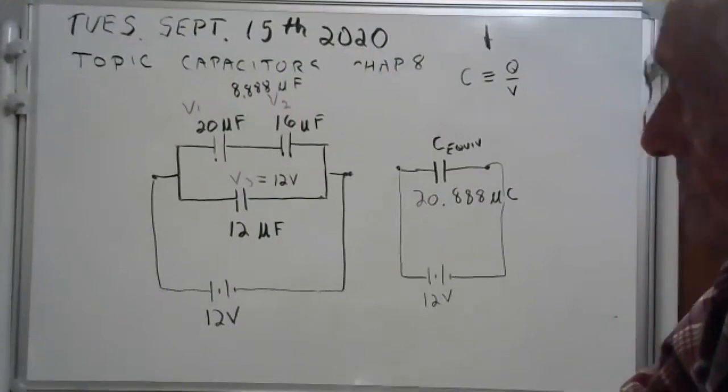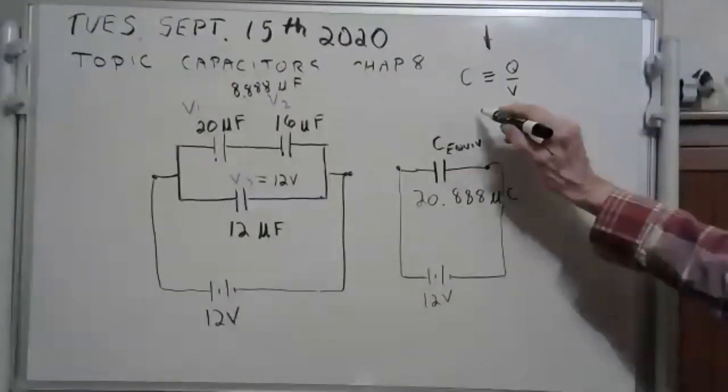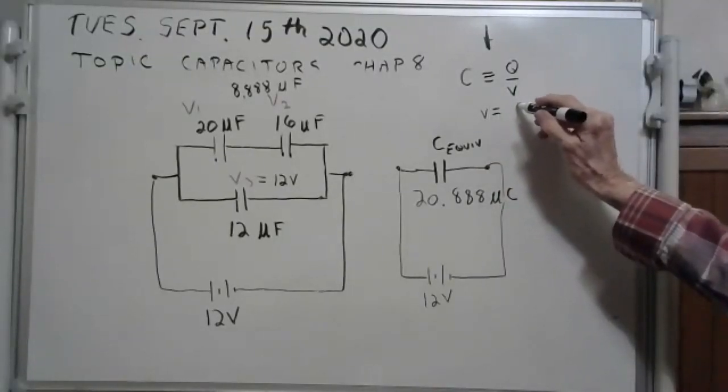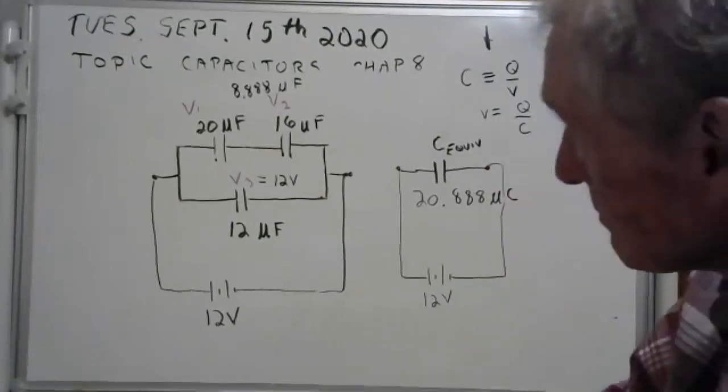And so if you want the volts, the volts is equal to the charge divided by the capacitance, right?